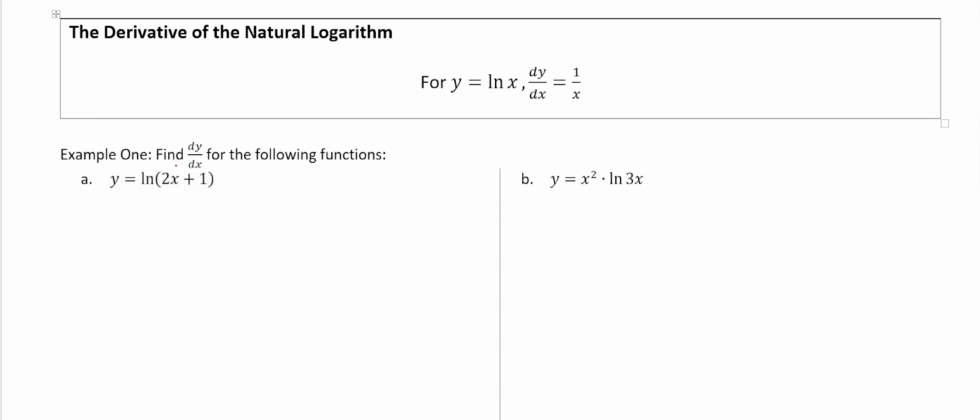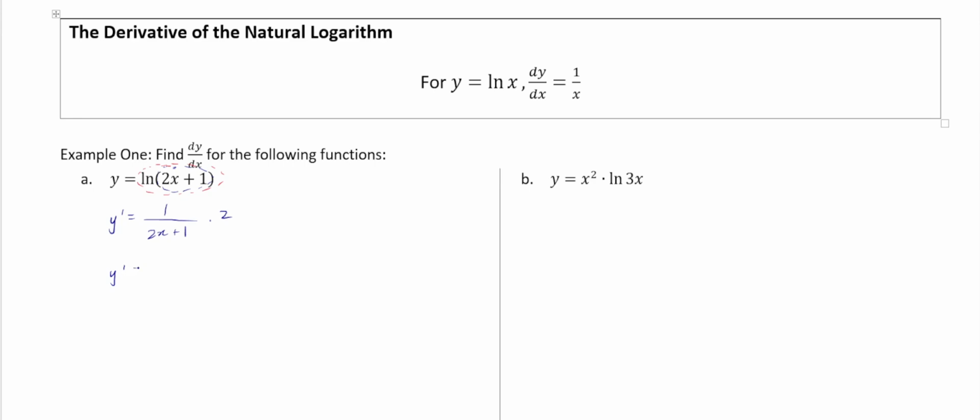So I have what's called an outside function right here, and I also have an inside function, which is my linear function, right? So to take the derivative, we first find the derivative of the outside function, and I know that the derivative of the natural logarithm function is just 1 over the argument, so I go 1 over 2x plus 1, and then I have to chain that with the derivative of the inside function, which is this linear function 2x plus 1, and that's just 2.